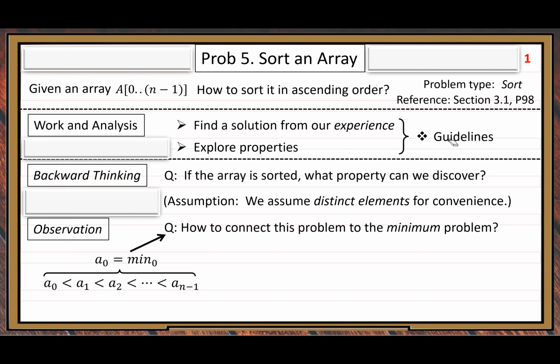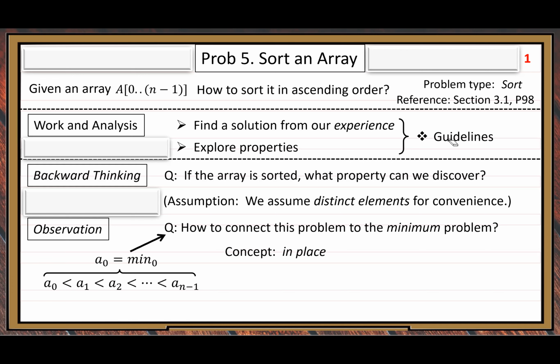What's A0? The first element in the sorted array. That's the same as the solution of the minimum problem. That's our observation, the critical property here. So we will take advantage of this property to complete the whole sorting algorithm. Think about it. Yeah, so let's do that.